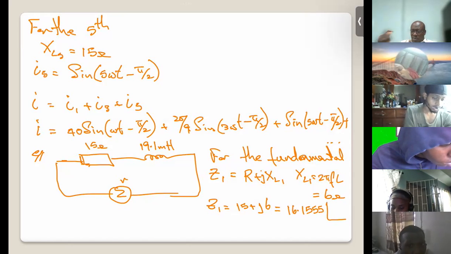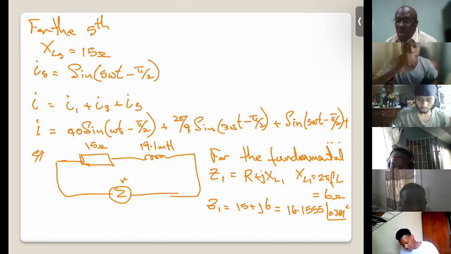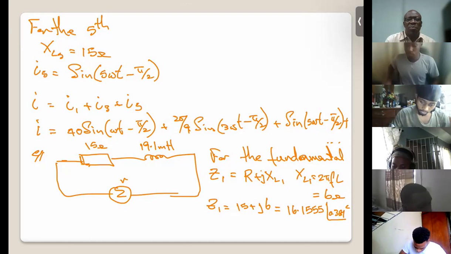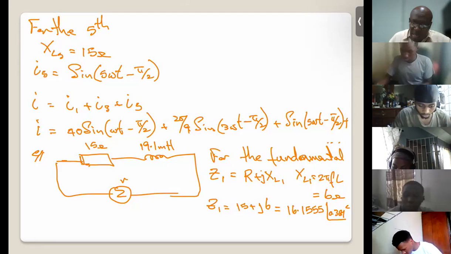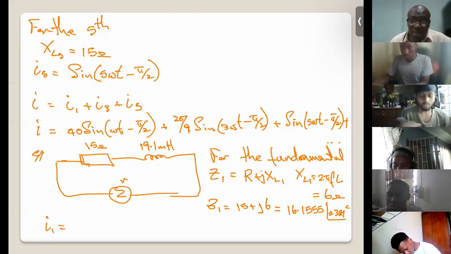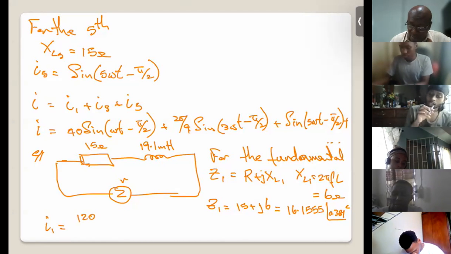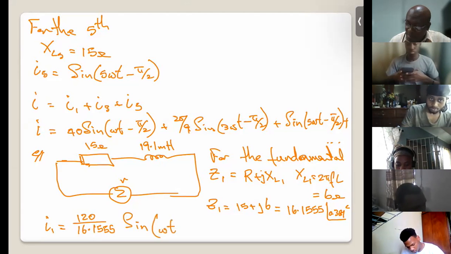So 0.381. Yes, sir. All right, and to show that it's radians, we put a c instead of the circle for degrees, yes? So it means that I1, the instantaneous current for the fundamental, would be 120 over 16.1555 sine omega t.